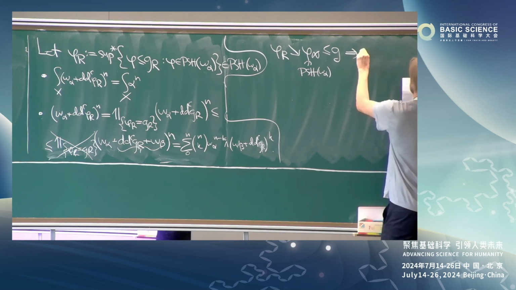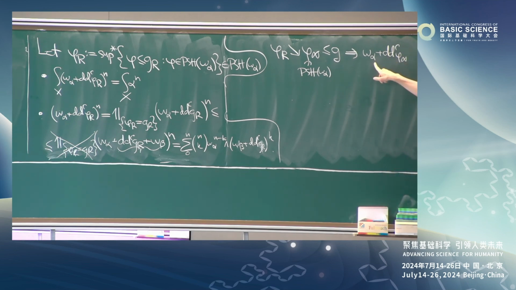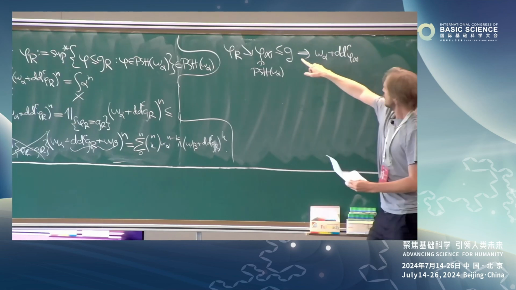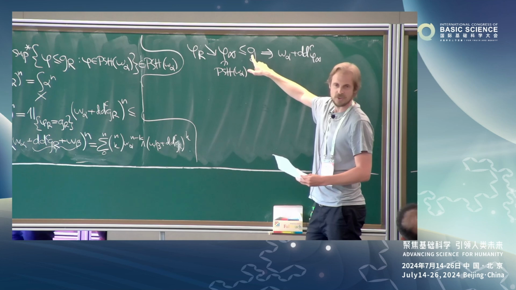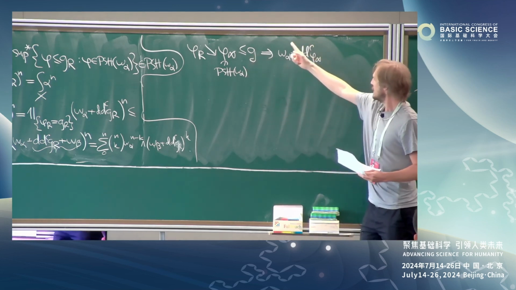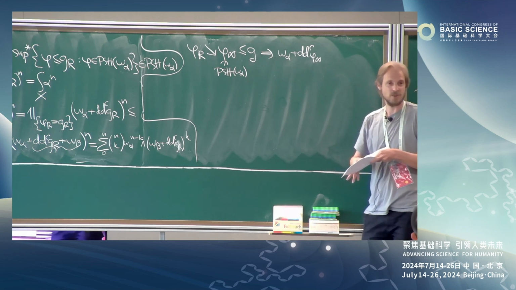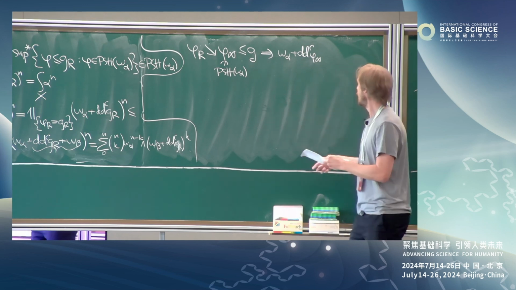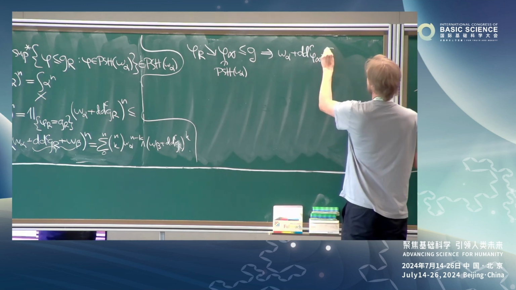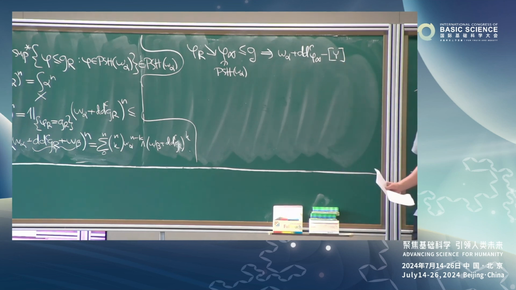And then we can look at this current. Now, you notice here that phi infinity is less than or equal to G. So it means that this current will have this kind of singularity along Y. So it will have Lelong number at least 1 along Y. And that means that we can actually remove this current, and it's still going to be positive.